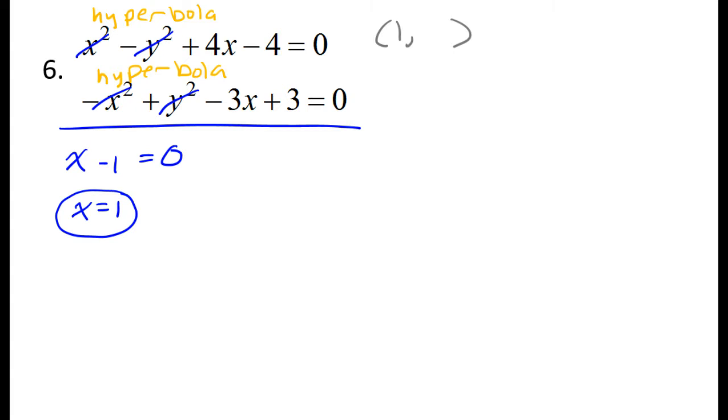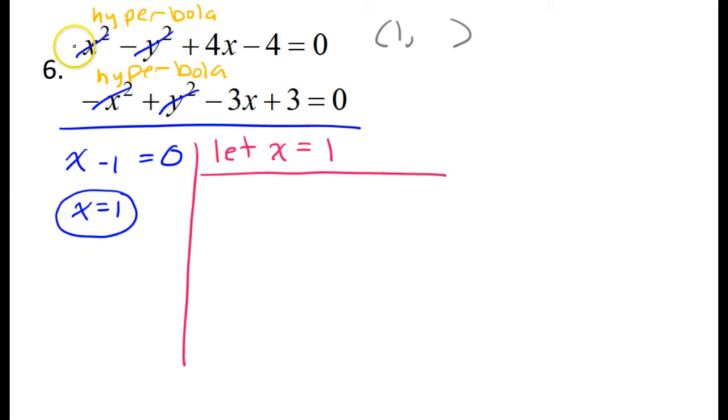The way I will find a y value is by substituting x back into one of these original equations and see what I get. So we will let x equal 1. All right, I'm going to use the first equation, but everywhere I see an x, I'm going to put a 1.